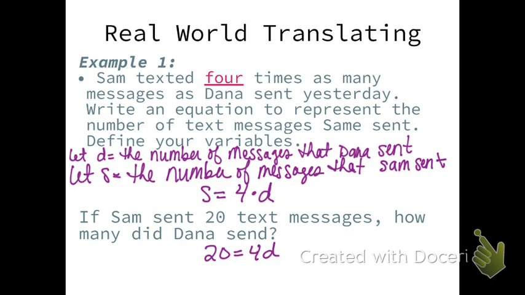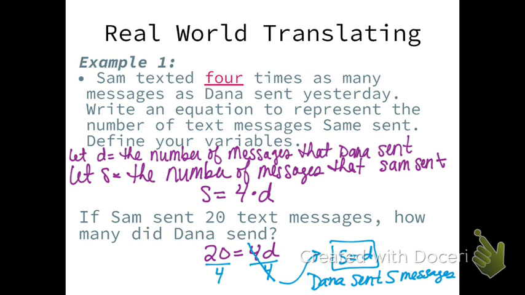Right now it says 4 times D. The inverse operation of multiplication is division. So we're going to divide both sides by 4. 4 divided by 4 is 1, and on the other side, 20 divided by 4 is 5. So that means that Dana sent 5 messages.